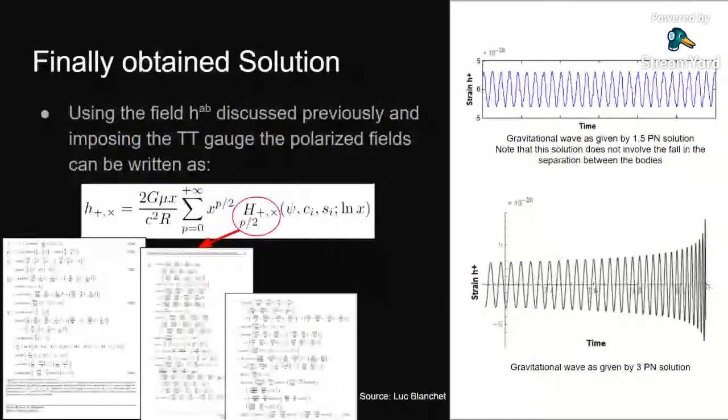Beyond the point where the second plot ends, we say that they are going to merge, or effectively touching each other. For that reason, the post-Newtonian approximation, which is limited to weak fields, cannot be used over there. So the gravitational wave can only be plotted till this extent.